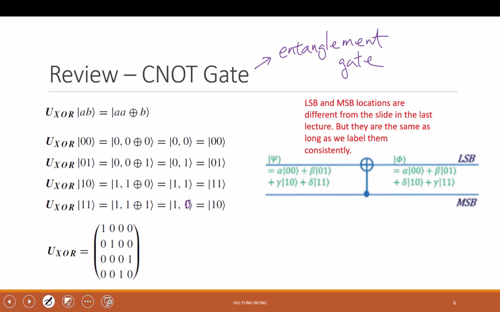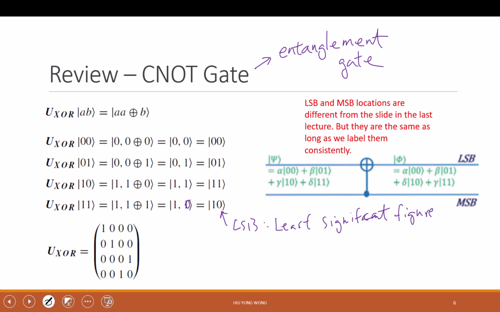Now, someone asked about LSB and MSB. So we have something called little endian, right? It's an Intel convention. You write this register, just the classical one. In this case, it is something we call little endian. The one on the right is the LSB, which means the least significant figure.